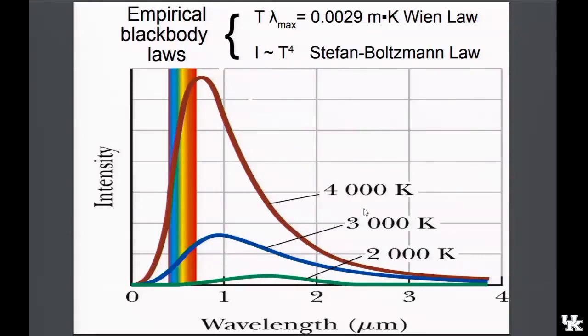So that wavelength has got shorter, which means the frequency has got higher. As we turn the temperature up further, to 4,000 Kelvin, that peak wavelength has moved to maybe 0.7 micrometers. So it's moved to an even shorter wavelength, a higher frequency. Those are the two features that are evident on this graph.